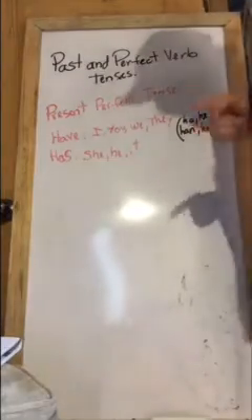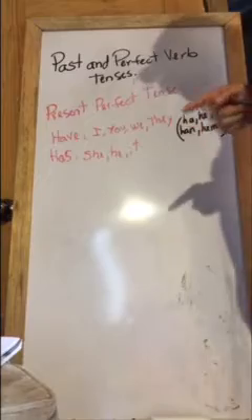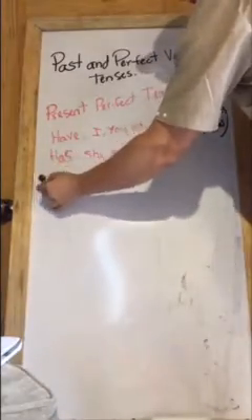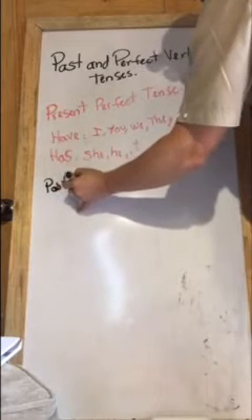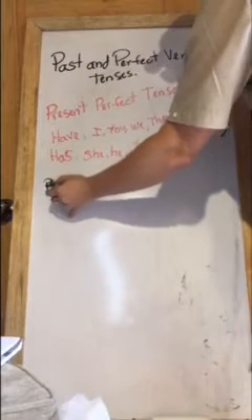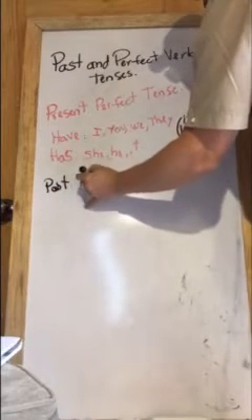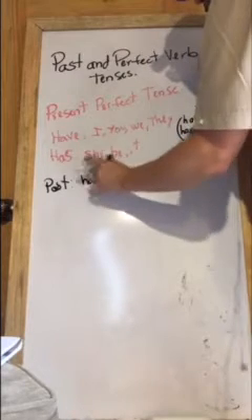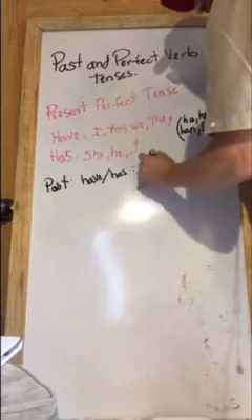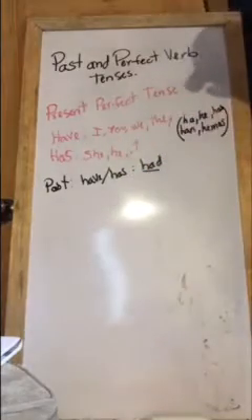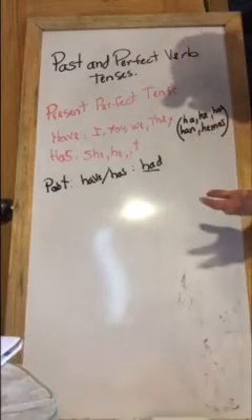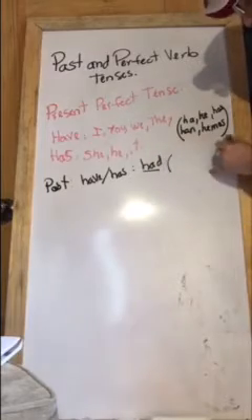So for the homework that I assigned you, have this and also have the past tense of this. The past tense of this is, does someone remember? The past tense of have and has would be, exactly, had. Had would be the past tense of both. And as you can see in this area, if we wrote the present of them, what would be the past?